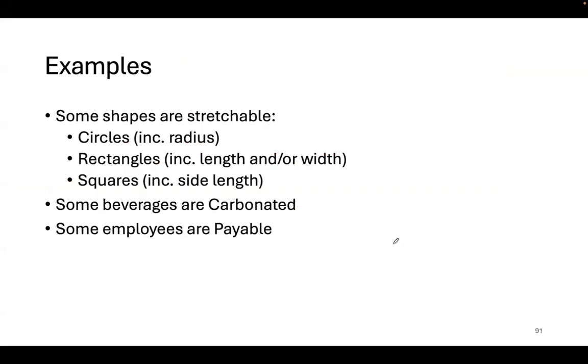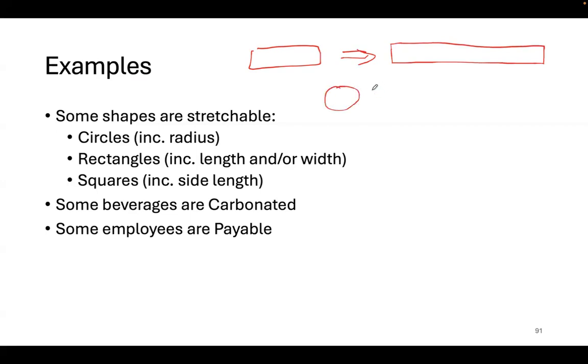So we have our shape hierarchy, and let's talk about stretchability. This is like if I have a rectangle, I could treat it like silly putty and stretch it out. Or if I have a circle, I can't make it into an oval because then it's not a circle anymore.